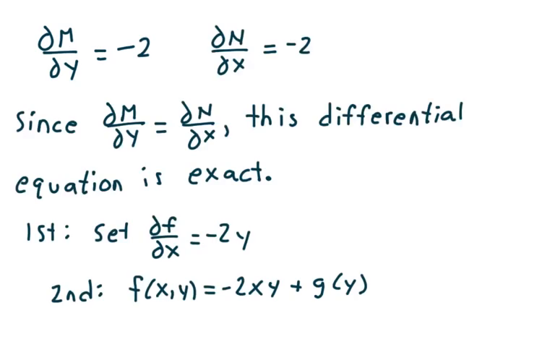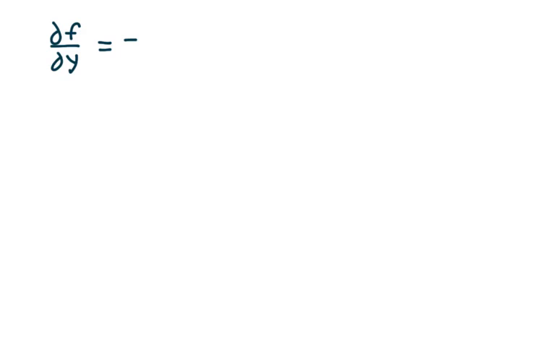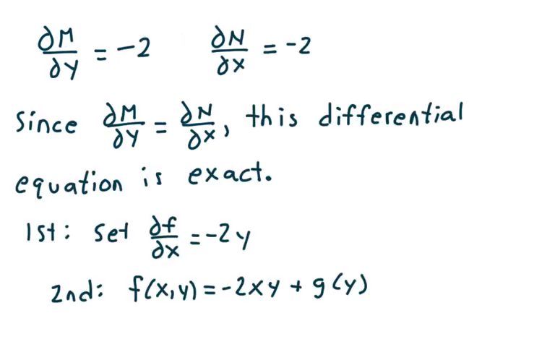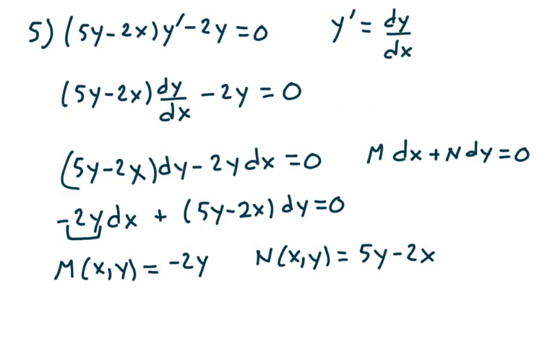And then I take the partial of f with respect to y. And when I do that, right, I'm going to get negative 2x plus g prime of y. And so I'm going to set negative 2x plus g prime of y equal to essentially n of x, y. That's this mess over here.